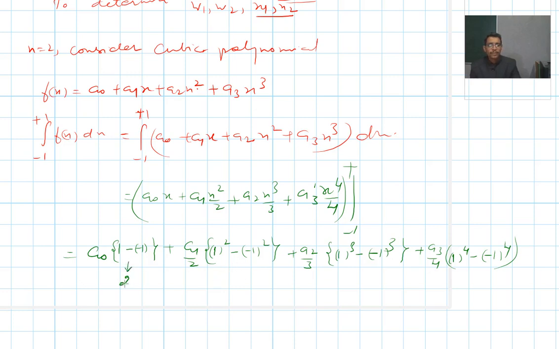So the first value becomes 2, the third becomes 2 over 3 times a2, and the other two become 0. So I am getting 2a0 plus 2a2 over 3, right? That's the value we are getting from here.